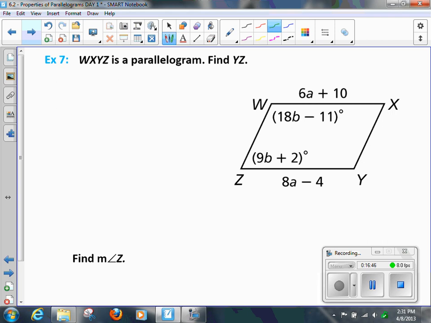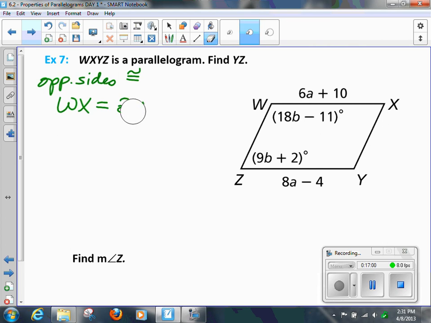Opposite sides are parallel, but more importantly, for this particular problem, they're congruent. So that means that WX is equal to YZ. Do you guys agree with that? All right, now it's just substitution.